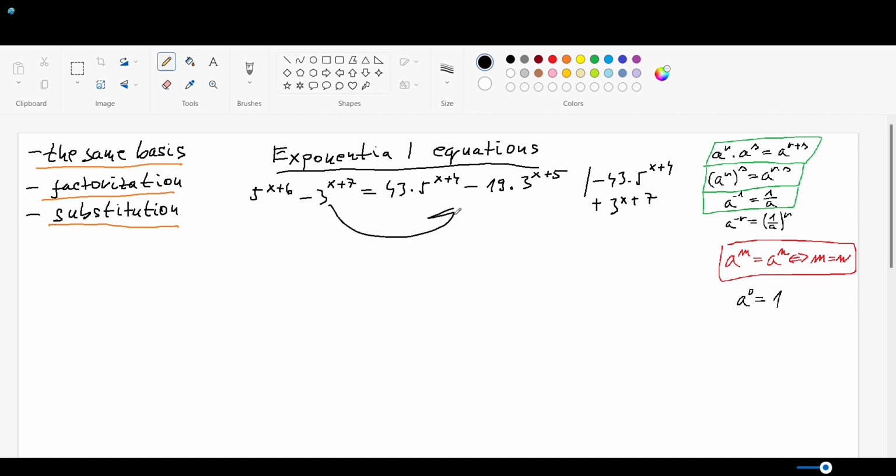We want to move this one here, that's why we do the addition, and we want to move this one here, that's why we do the subtraction. So we get 5 to the power of x plus 6, take away 43 times 5 to the power of x plus 4, is equal to 3 to the power of x plus 7 minus 19 times 3 to the power of x plus 5.